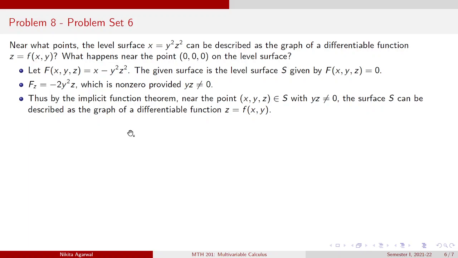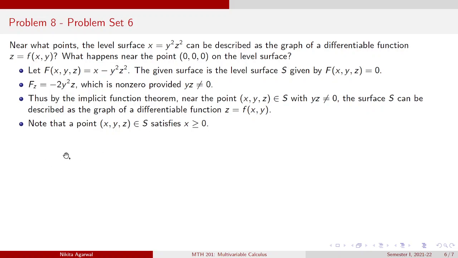Therefore, by the implicit function theorem on R3, near the point (x, y, z) on the level surface with yz non-zero, the surface can be described as the graph of a differentiable function z equal to f(x, y), right? So you are expressing z as a function of x and y.